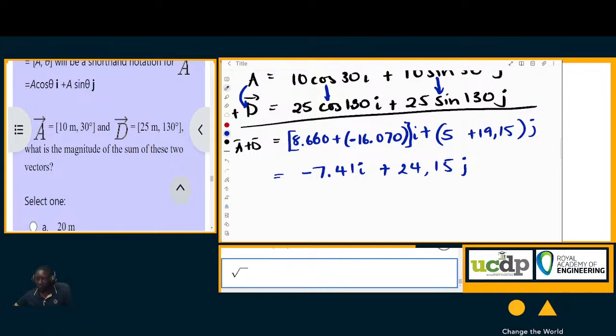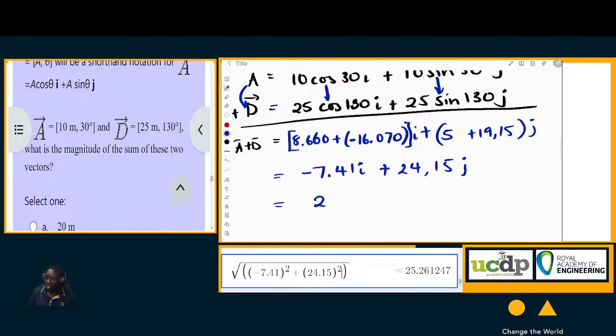It is the square root of, open bracket, negative 7.41, close bracket, squared, added to, open bracket, 24.15, close bracket, squared. That gives 25.26. We had 25.26. So 25.26 meters is the magnitude of A plus D.